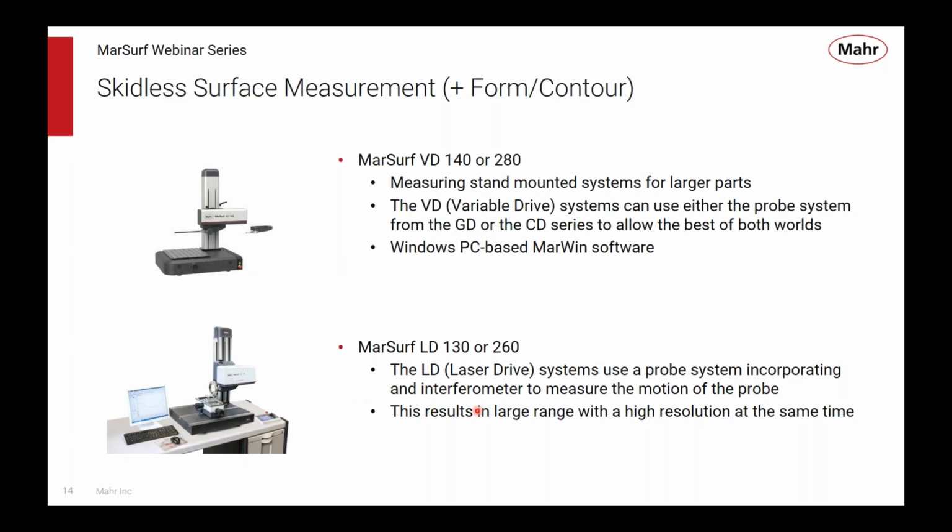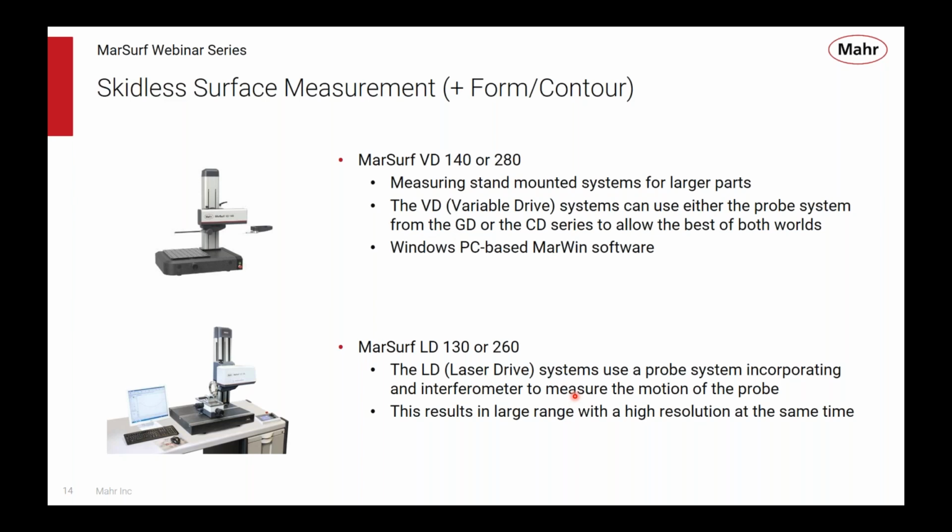Another option to do that is the LD, so-called because it was originally a laser drive system. Today they don't really have a laser in them. They still do have an interferometer, but it's an LED-based interferometer, and they use a probe system that gives you really, truly the best of both worlds.